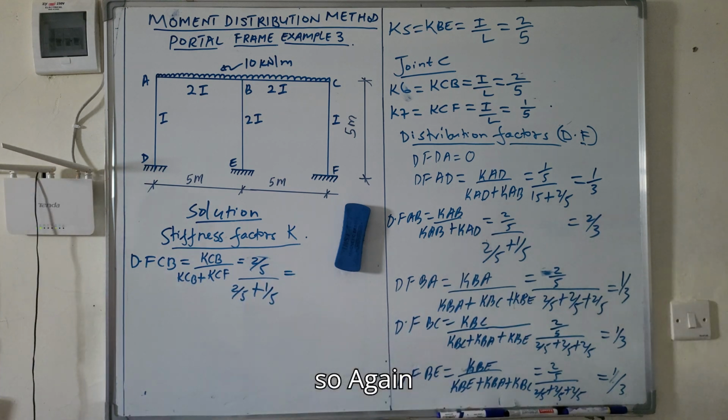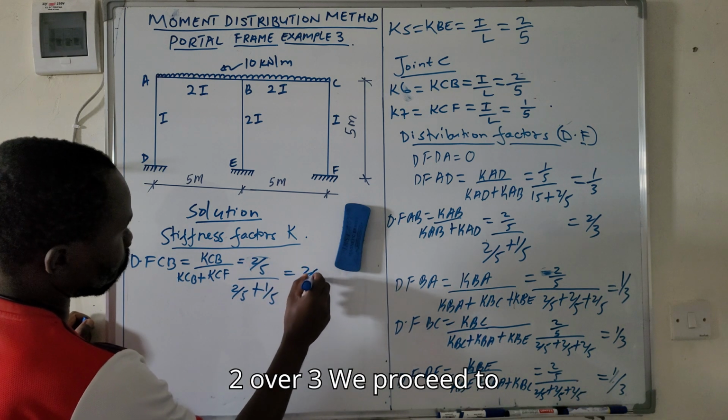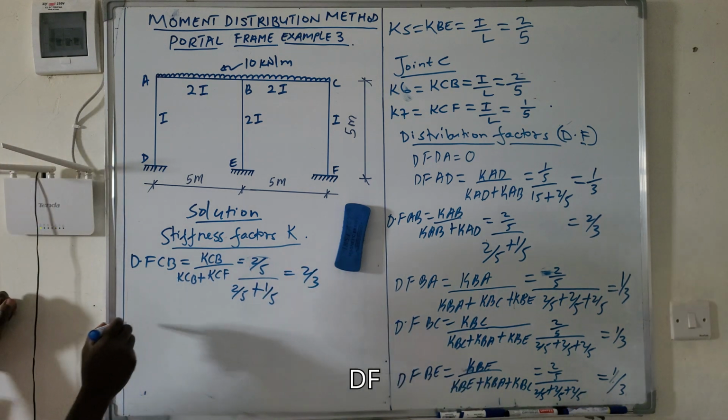Again, punch your calculator: 2 over 5 over 2 over 5 plus 1 over 5. So the answer is 2 over 3.